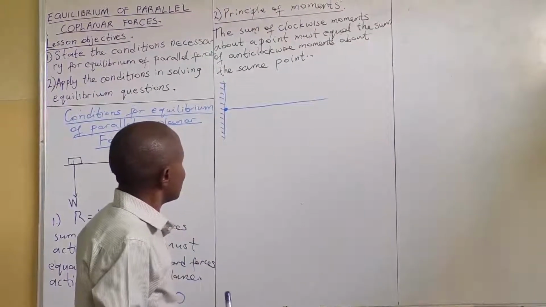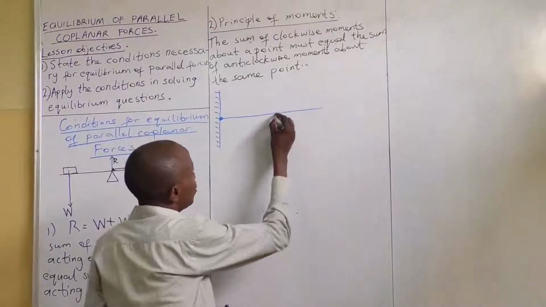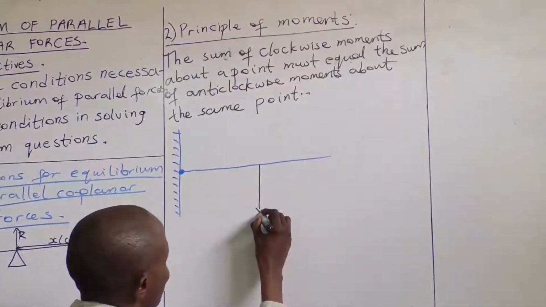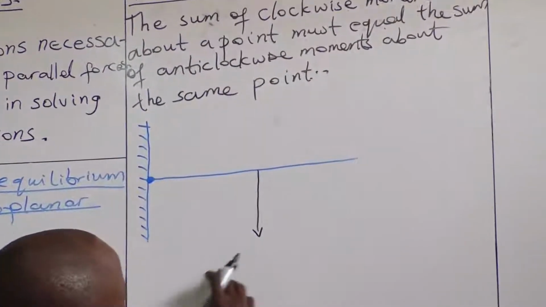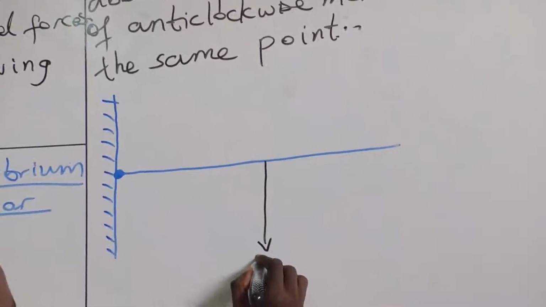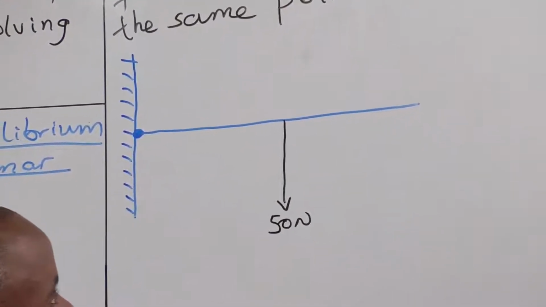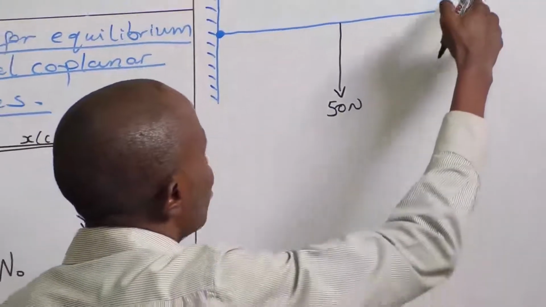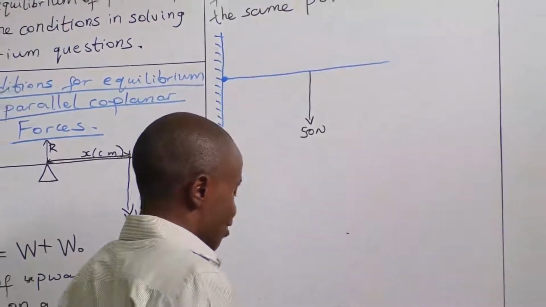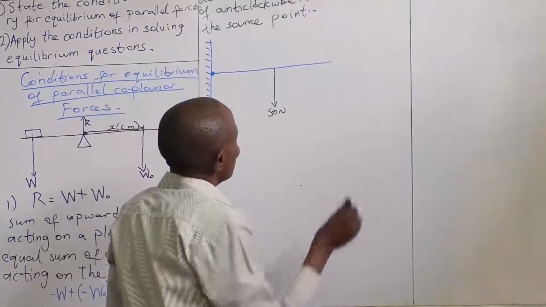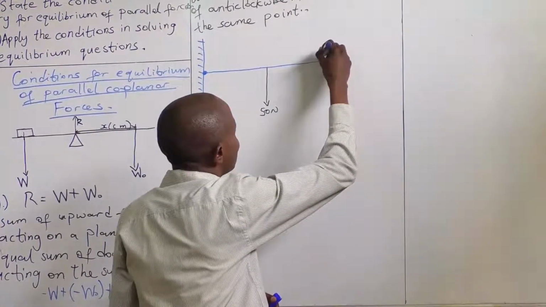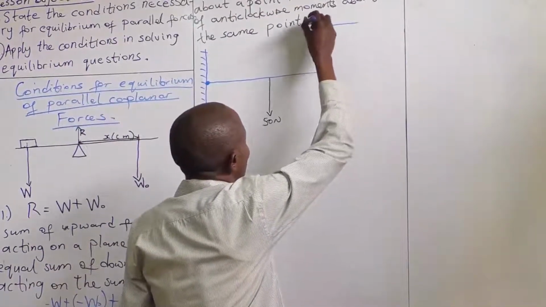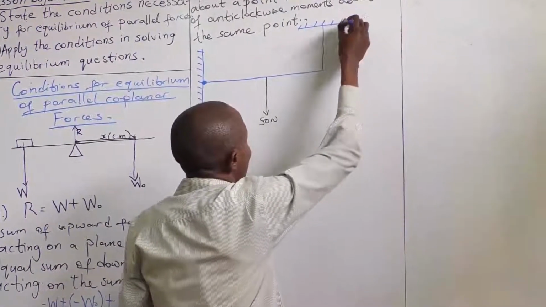So let's say that the weight of the rod, which acts down from its center of mass or center of gravity, is 50 newtons. And then let's say we have a thread that is holding this other side up to a ceiling to support that rod. This is a thread.